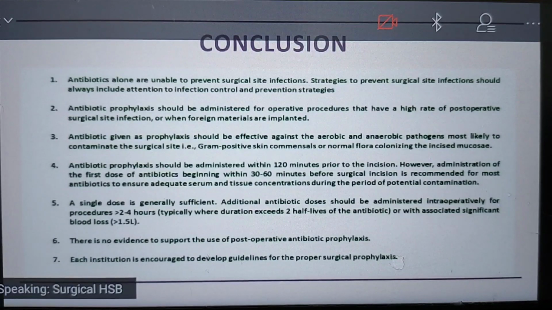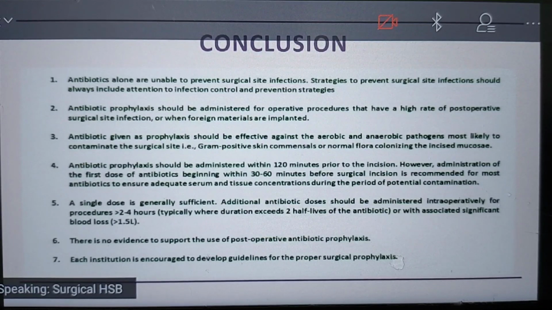Antibiotic prophylaxis should be administered for operative procedures that have a high rate of post-op surgical site infection or when foreign material is implanted. Antibiotic given as prophylaxis should be effective against the aerobic and anaerobic pathogens most likely to contaminate the surgical site, for example gram-positive skin commensals or normal flora colonizing the incised mucosa.